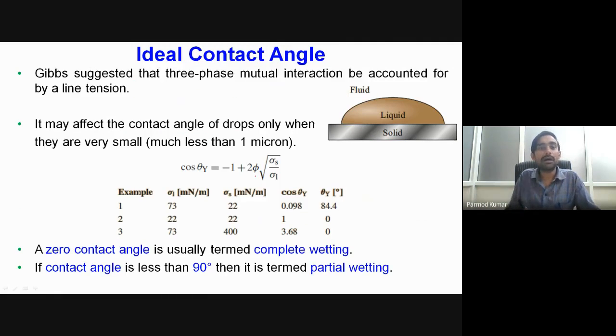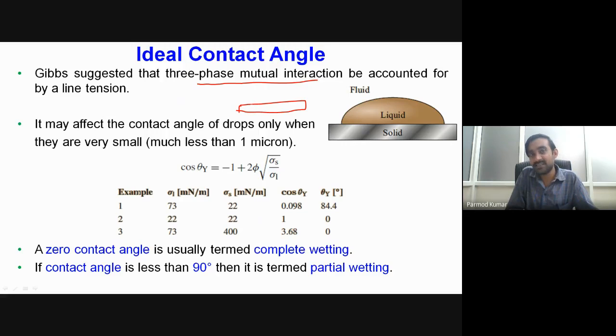Now, Gibbs has also suggested that the three-phase mutual interactions can also be accounted for by line tension. Why are we introducing the concept of line tension? What happens when there is a perfectly smooth surface?